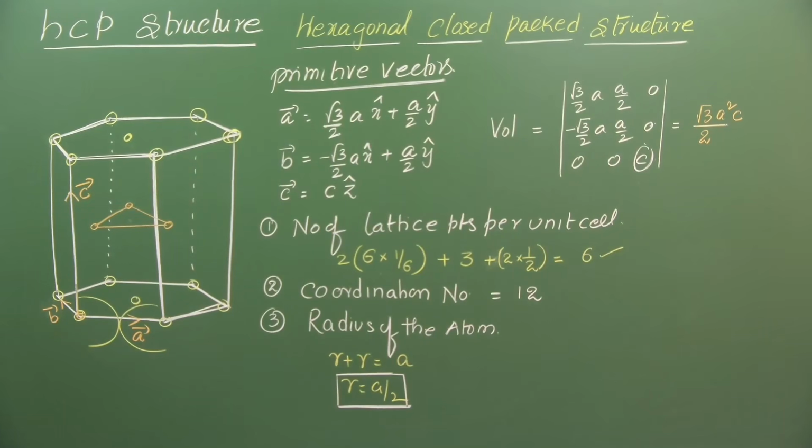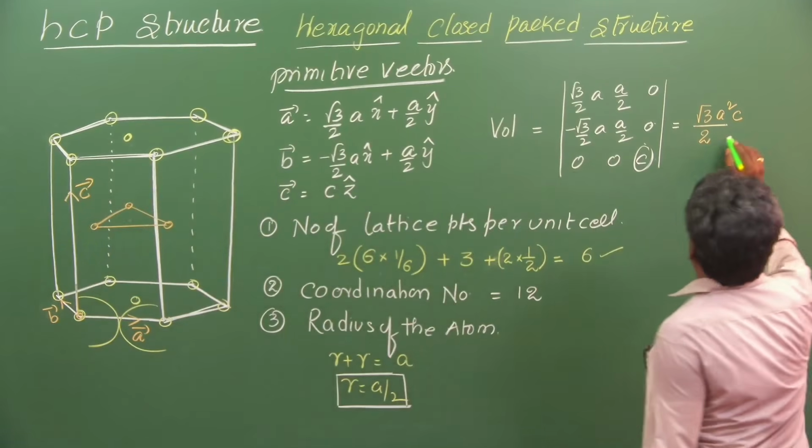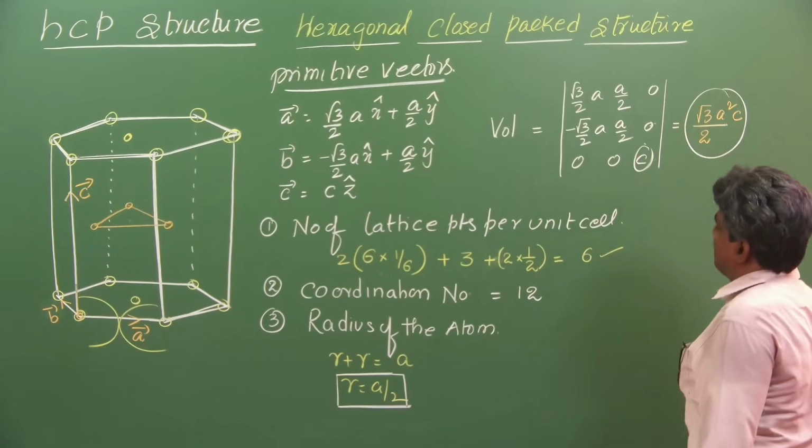You will use a slide, sir, if you become professor. You will draw. Let us see. Ready. So you got the volume of the primitive cell as root 3 by 2 a square c.